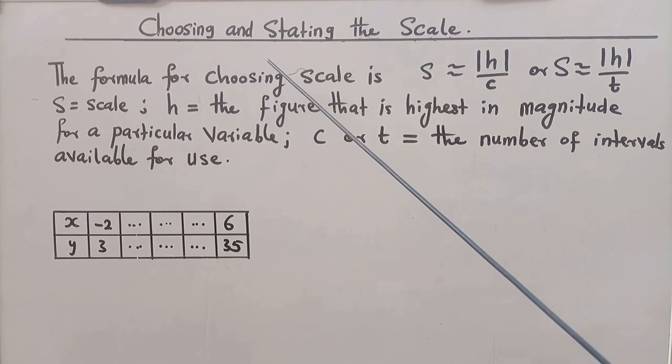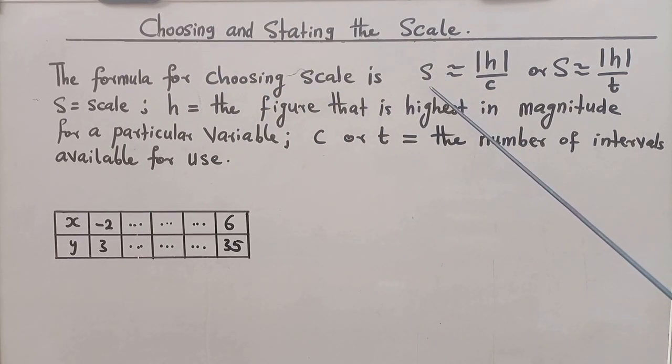The formula for choosing scale is S is approximately equal to H over C, or S is approximately equal to H over T. I choose this one over this.